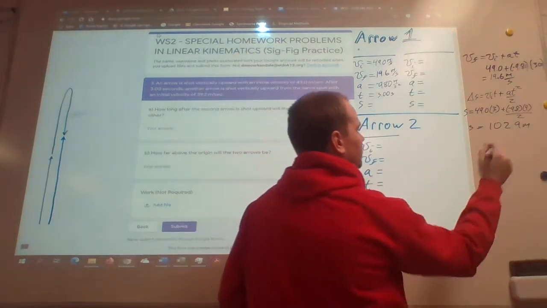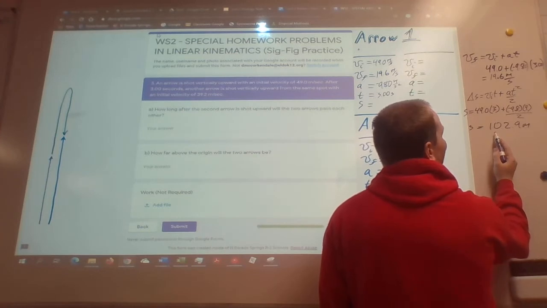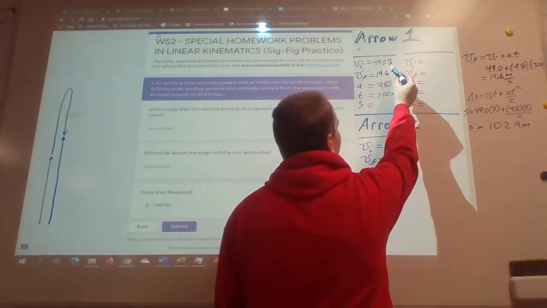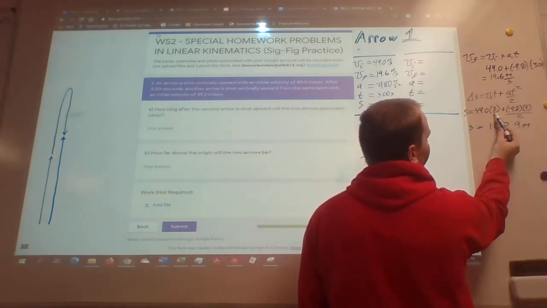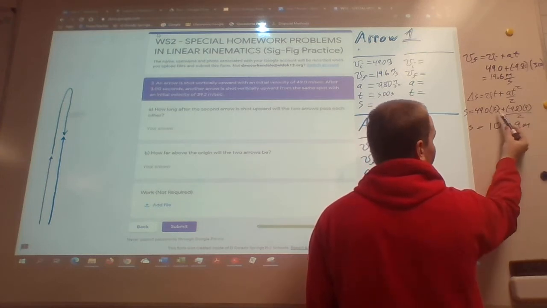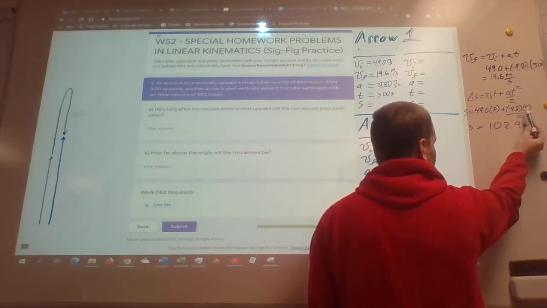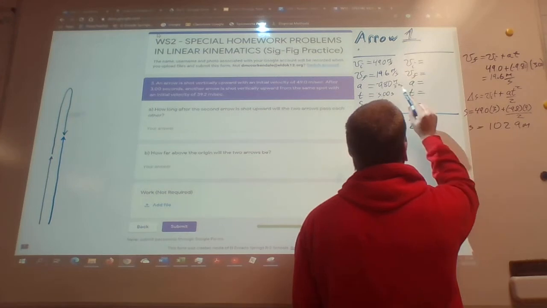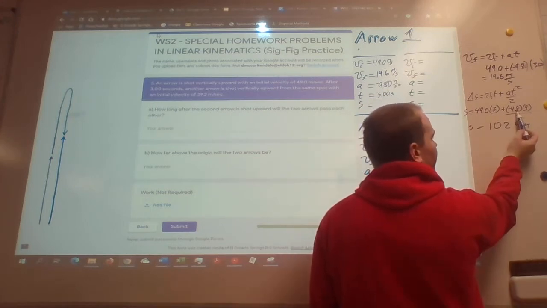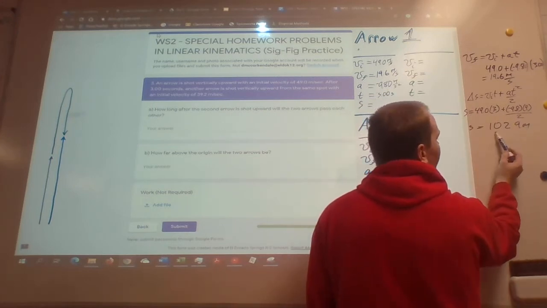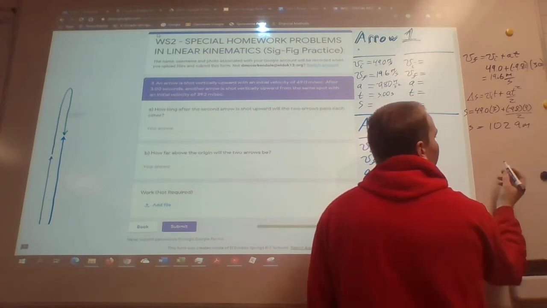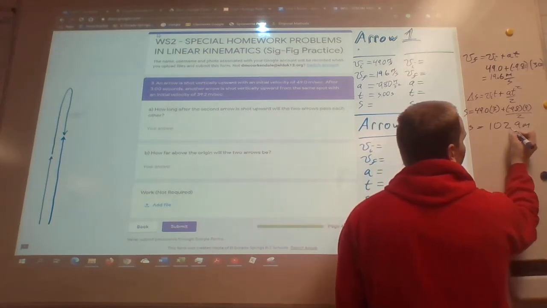So we had 3 sig-figs in everything we used. I know I abbreviated the 3 and the 9, but these are 3-digit numbers. And same here. That's a 3-digit number, which I abbreviated to a 2-digit number. So this needs to be 3 digits. So it's going to be 1, 2, 3.